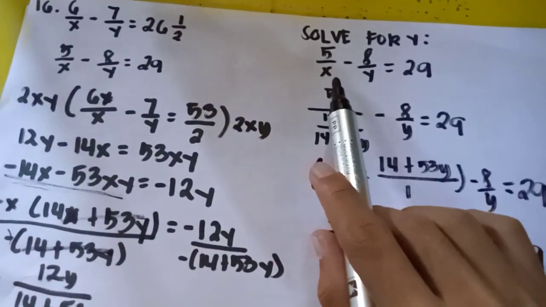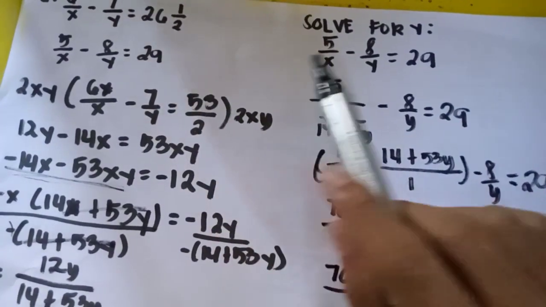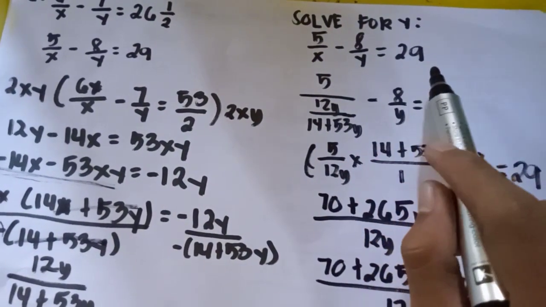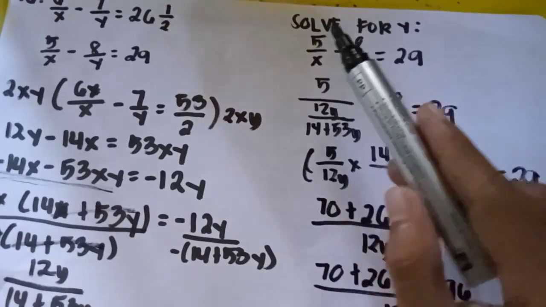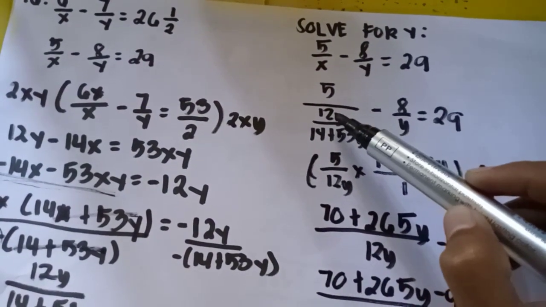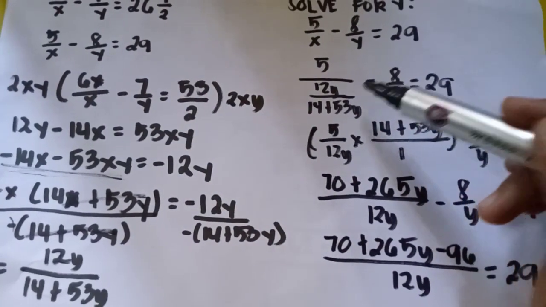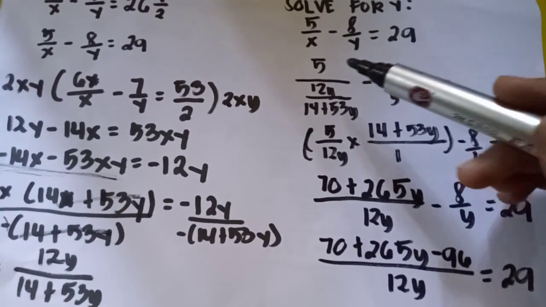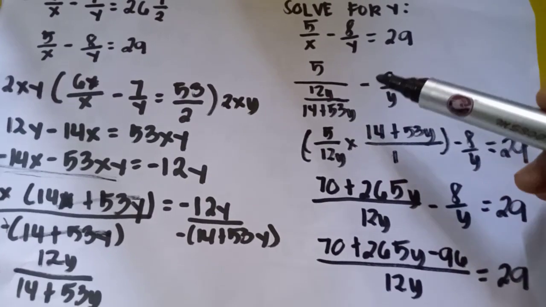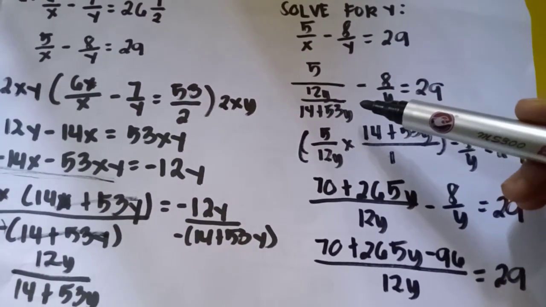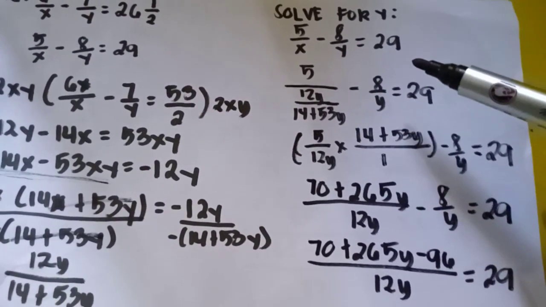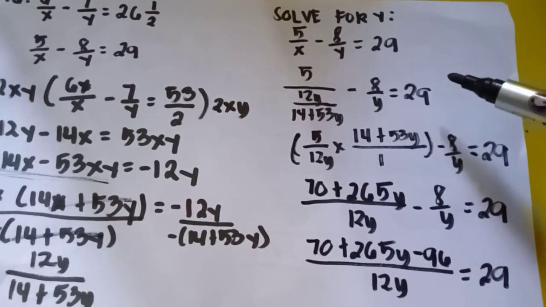We will use equation number 2, 5x minus 8y equals 29. And what we will do again is substitute the initial value to the variable x. So 5 over 12y over 14 plus 53y minus 8 over y equals 29.